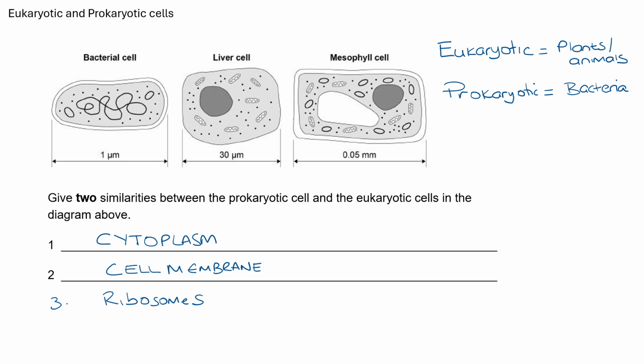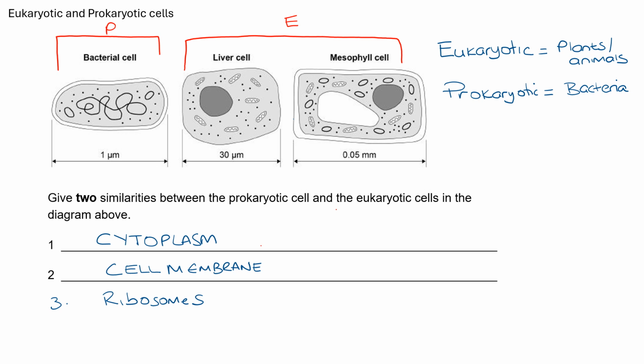So immediately you should be able to know with a question like this that the 2 cells on the right, the liver cell and the mesophyll cell, are plant and animal cells and are therefore eukaryotic, and the bacterial cell is prokaryotic. This question only asks for 2 similarities between prokaryotic cells and eukaryotic cells.